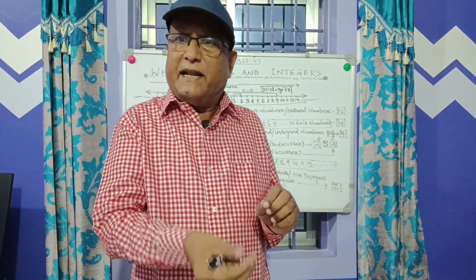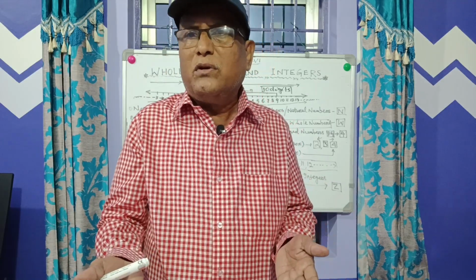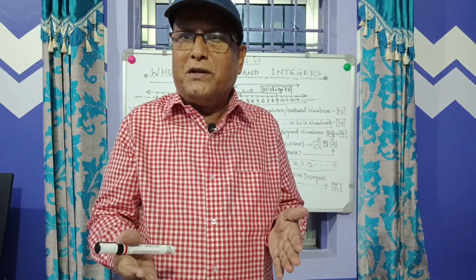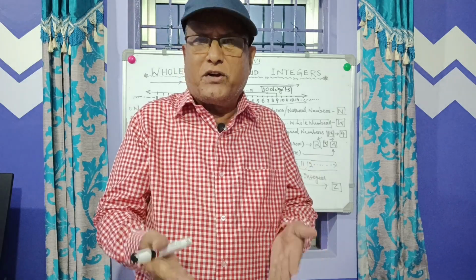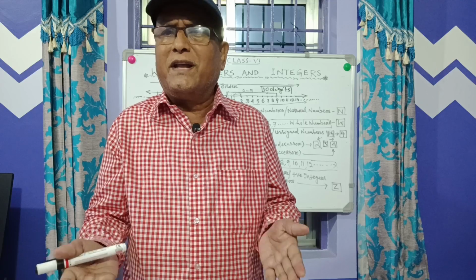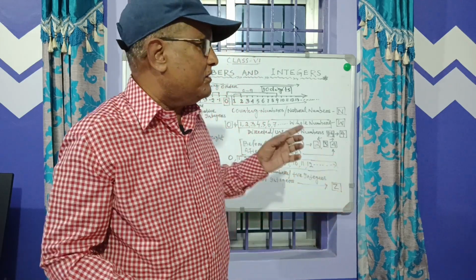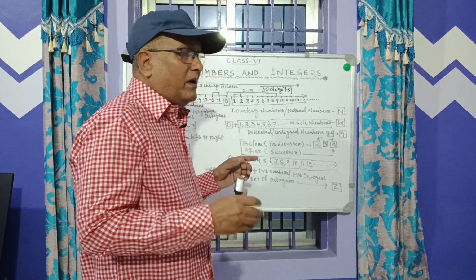So when you take the 10th one, there will be nothing in the box. So what will you count? 0. No. So the box containing nothing is called 0. So 0 is not a counting number. So we counted from 1 to 10, but 0 is not a counting number.